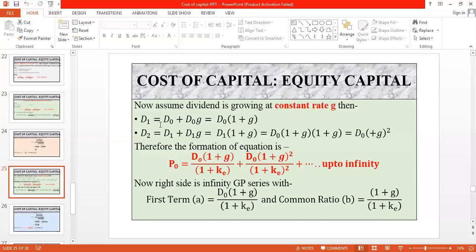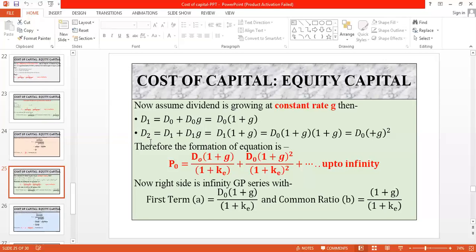So D1 is equal to D0 plus D0 G. If we take D0 common, it becomes D0 into 1 plus G. That means we can say dividend after 1 year will be current dividend D0 into 1 plus growth rate.